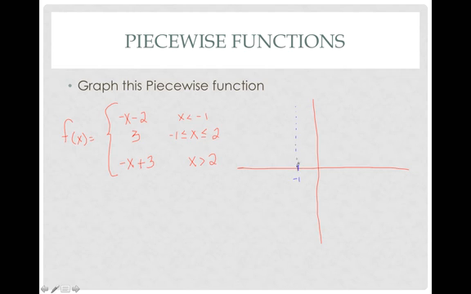Even though it technically doesn't exist, I like to put it just in case. And then over here at positive 2, there's also something going on. I basically broke this graph up into 3 separate pieces: stuff on the left of negative 1, stuff between negative 1 and 2, and stuff on the right-hand side of positive 2. So again, we need to look at it piece by piece.